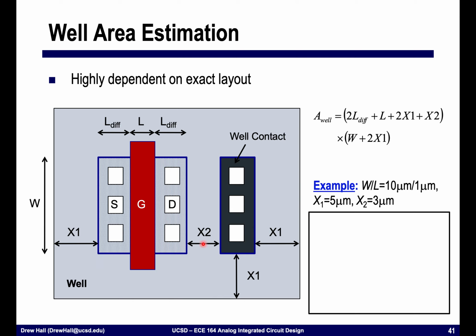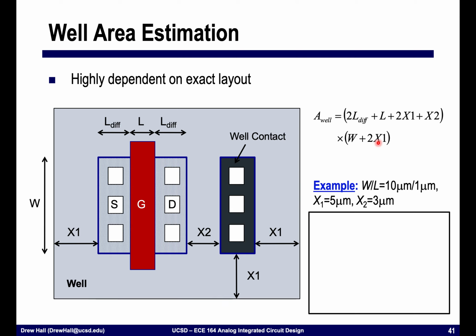And then I have to have distance between these two diffusion regions such that they don't overlap, and this we're going to call x2. And so I end up with 2x1 plus x2, and all of this is times the width of the device, plus the dimension that I need from the edge of the well contact on both sides, and so 2x1.